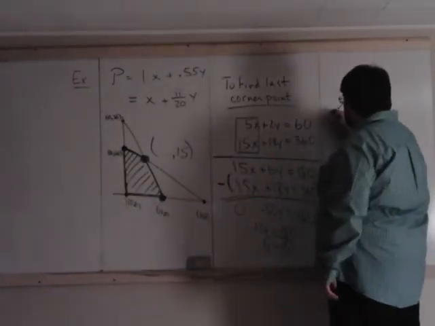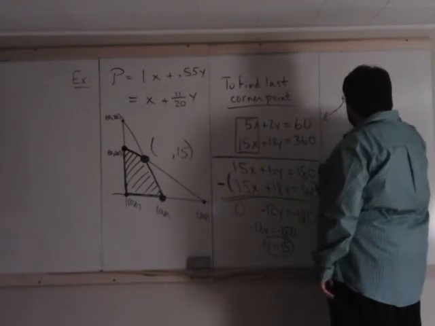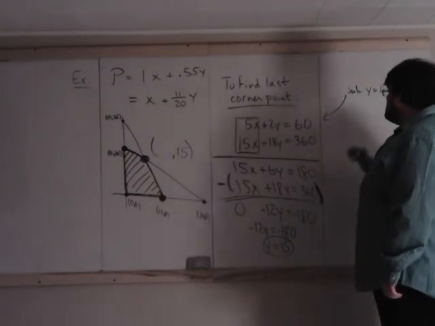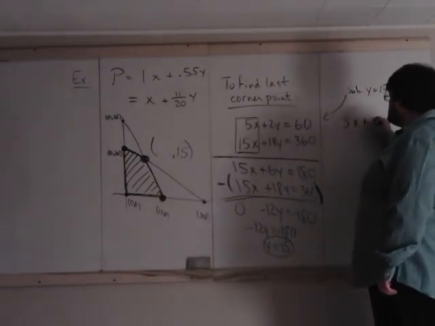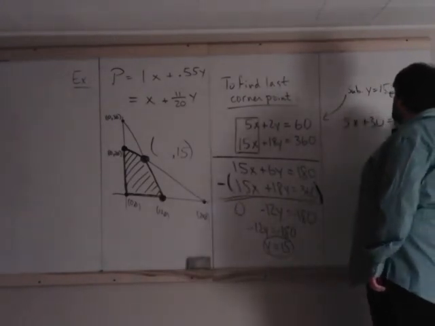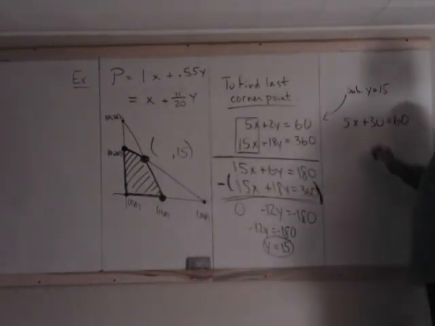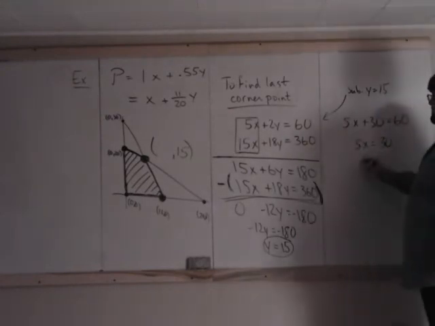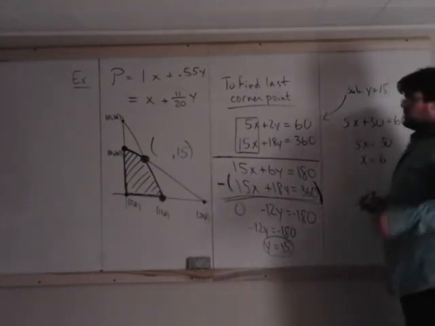So I'll substitute y equals 15 in that equation. You get 5x plus 30 equals 60. Solve that for x, you get 5x equals 30. So subtract 30 from both sides, divide by 5, and you get x equals 6.